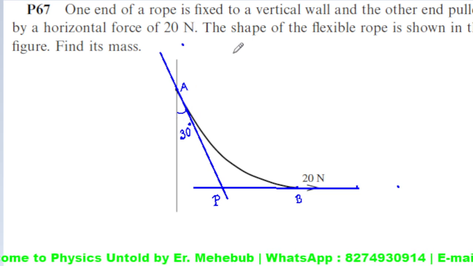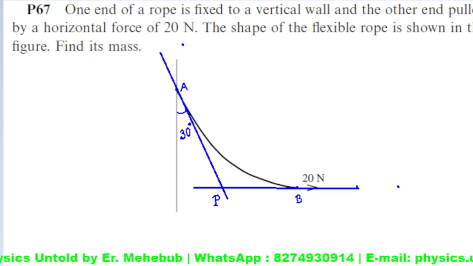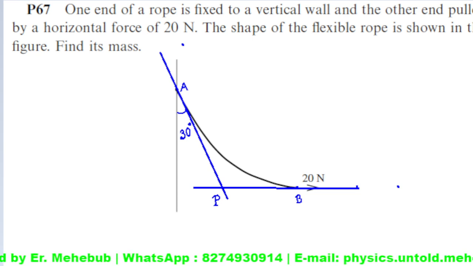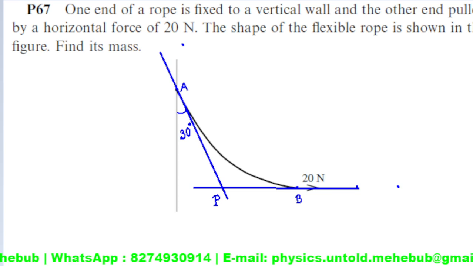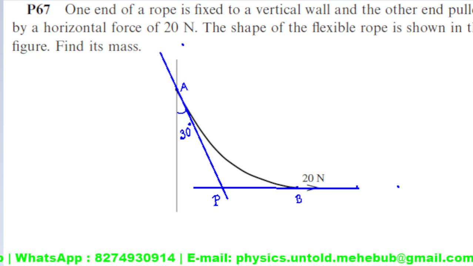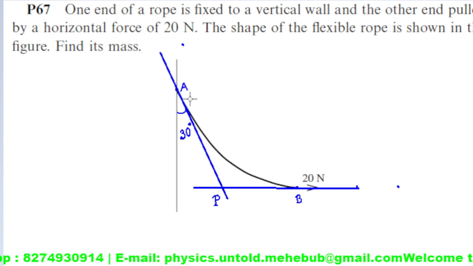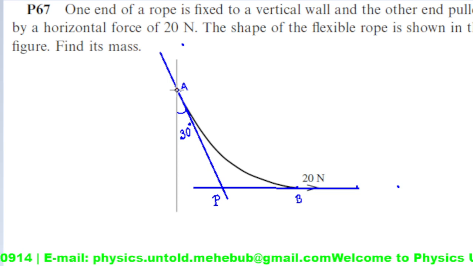Now if we draw the force components at the points A and B, the weight of the rope acts in the downward direction.